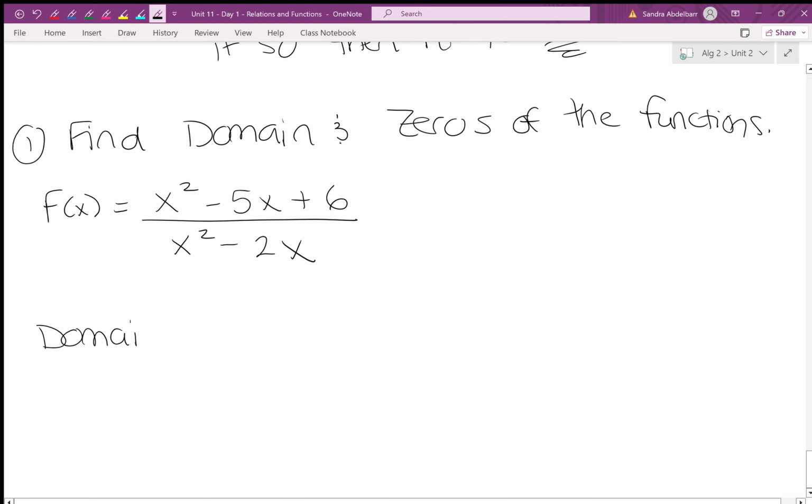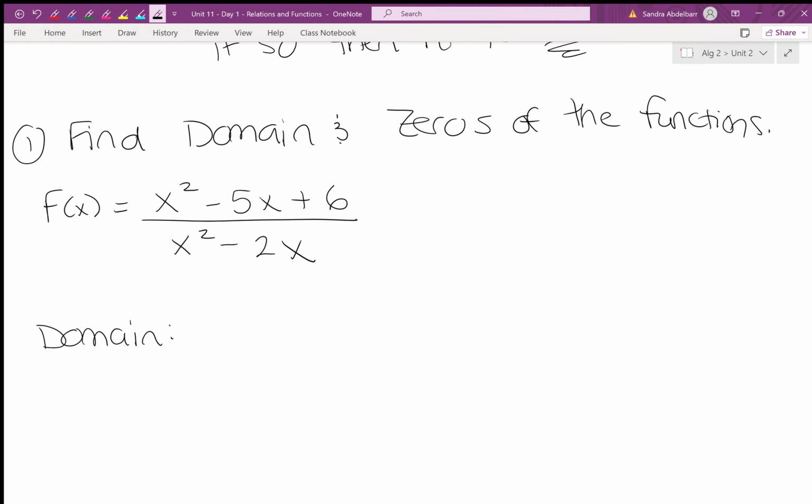Remember, the domain is always all real numbers except for two scenarios: if there's a fraction, if there's a denominator, and also, as Aditya pointed out, if there's a radical. That will change things for us. But for now, we're just dealing with the fraction part. So the domain is all real numbers except when this denominator equals 0.